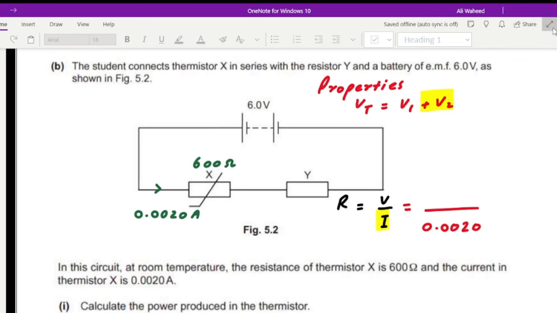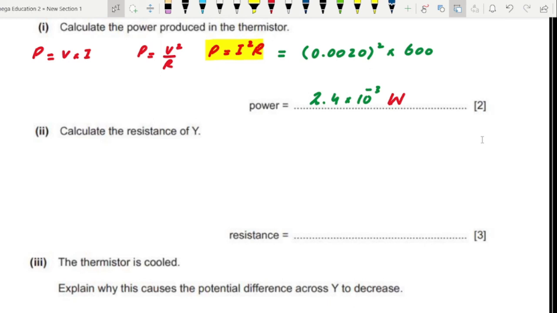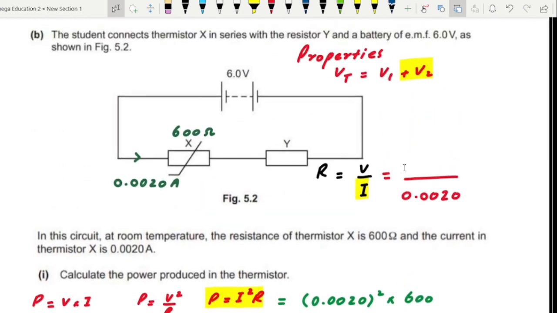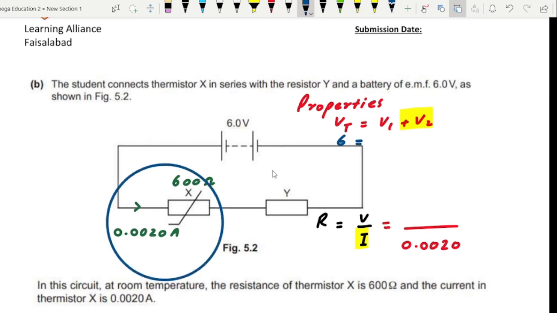We were calculating the resistance of Y. Y is the fixed resistor, right? So we have to use some of the properties of the circuit. The total voltage of the battery is 6 volts. A portion of that voltage is to be dropped over here and the remaining portion would be given to the component Y.